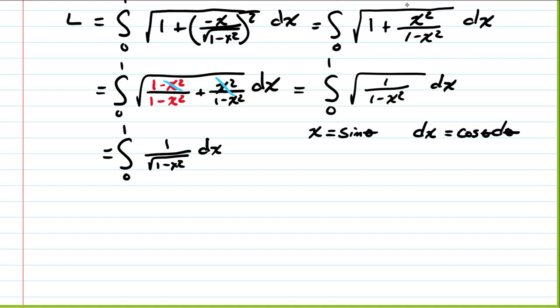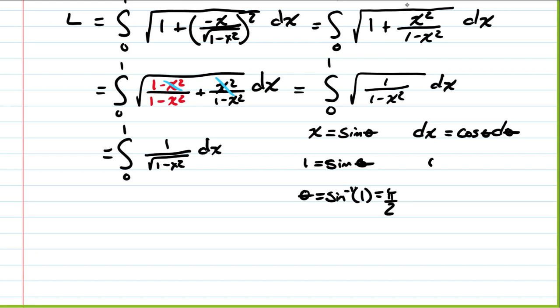We have to change our limits of integration, so 1 equals sine theta. If that's the case, we take the inverse sine of both sides, so theta is the inverse sine of 1, and the inverse sine of 1 is pi over 2.